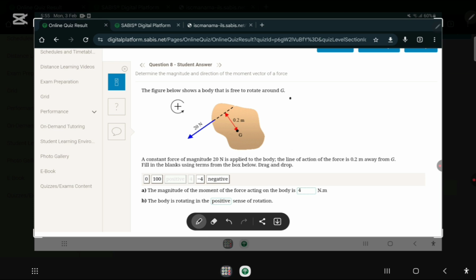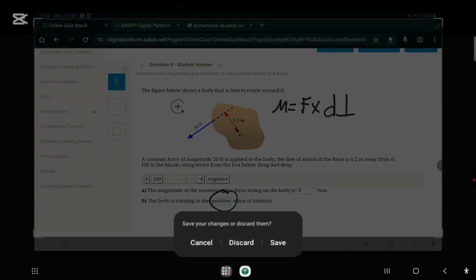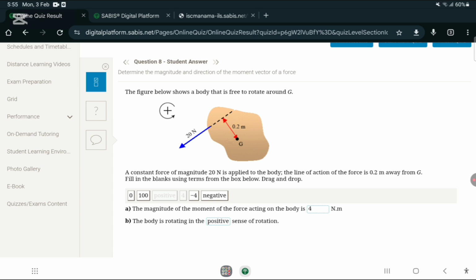That's the first thing. So we know it's positive. Here we put positive sense. 0.2, because moment equals force times perpendicular distance. 0.2 times 20 is 4. That's the answer. Alright, on to the next.